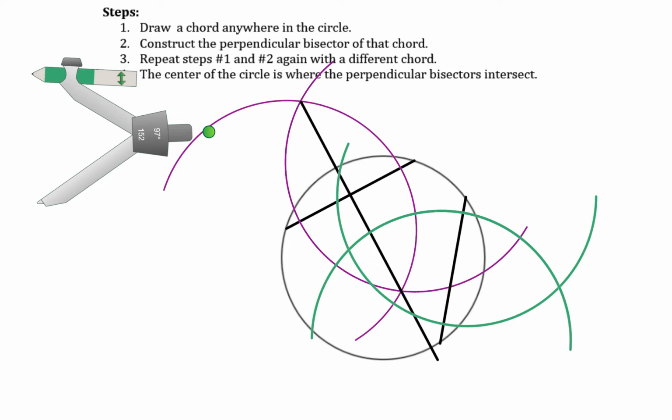I can do a little better than that. Okay, so where those perpendicular bisectors intersect, that is our center. And we'll label that O. So I guess I'll do this in yellow here. Okay, that is the center of my circle.